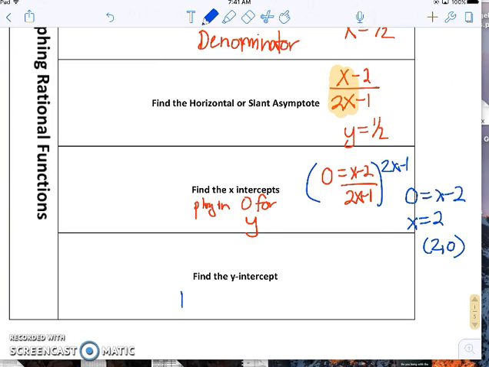And then for our y-intercept, we plug in 0 for x. So y equals 0 minus 2 over 2 times 0 minus 1. So negative 2 over negative 1 is 2, so it ends up at 0, 2.